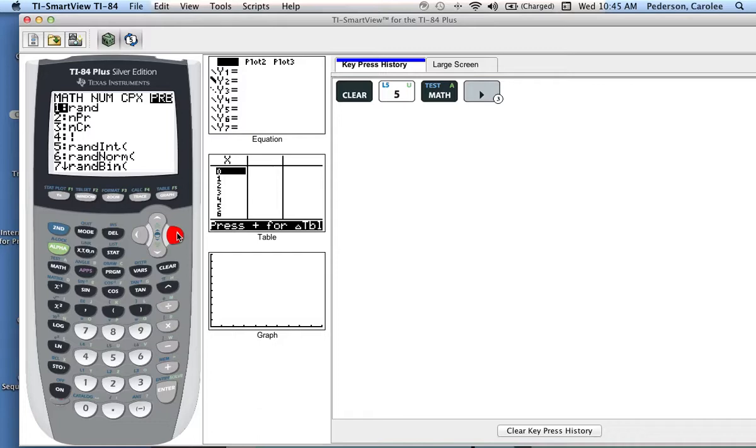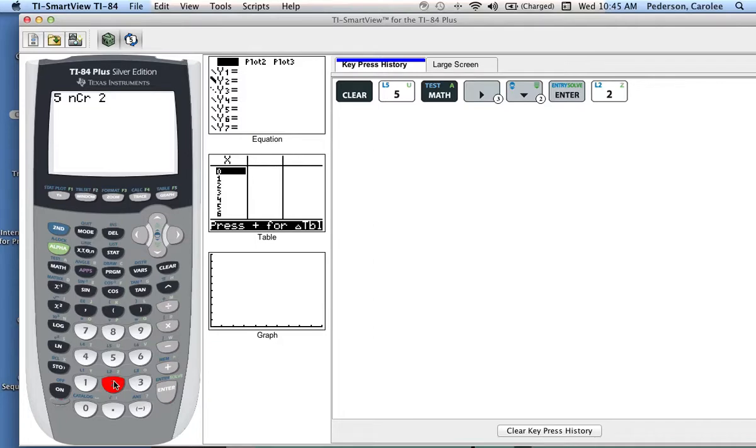And then you're going to go down to number 3, which is nCr, a combination. Push enter. And then we're going to put in the number 2. So 5 combination 2. When you push enter, you will get the total of 10 groups there. And that's how you can use the graphing calculator.